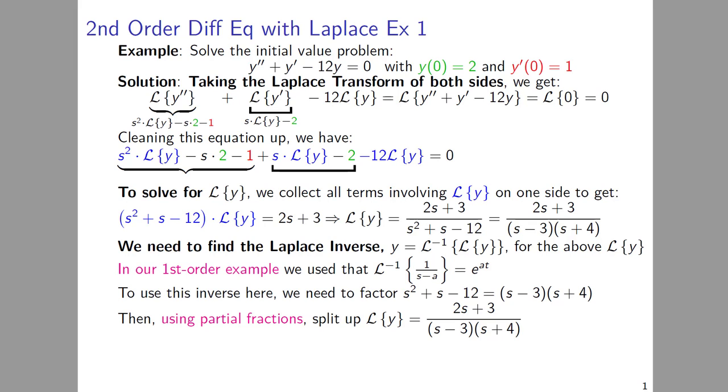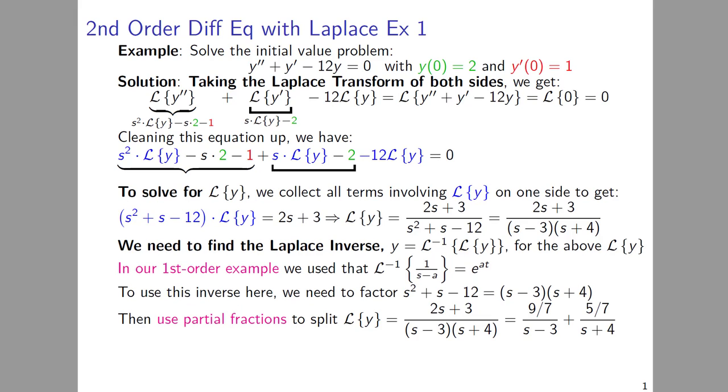Doing this process and finding the partial fractions, we get that 2s plus 3 over s minus 3 times s plus 4 can be rewritten as 9/7 over s minus 3 plus 5/7 over s plus 4. Writing it this way, we can compute y as the Laplace inverse of 9/7 over s minus 3 plus 5/7 over s plus 4.